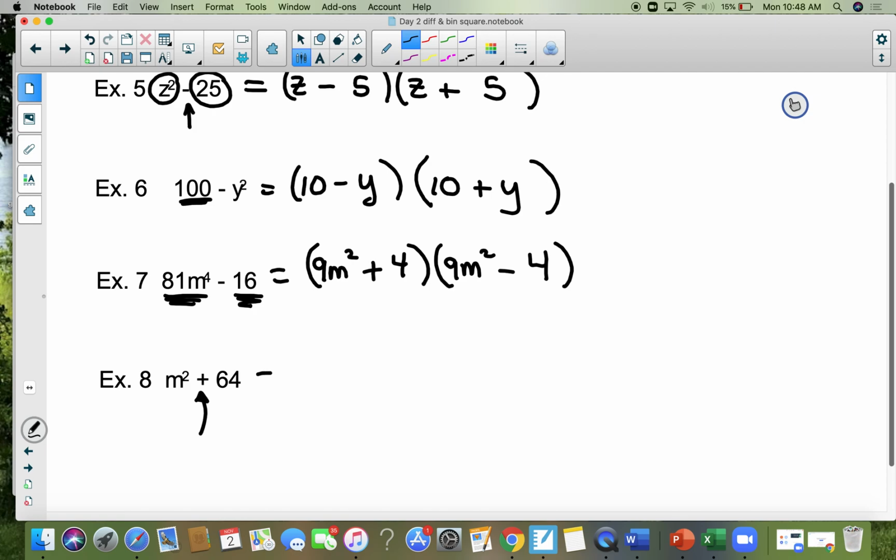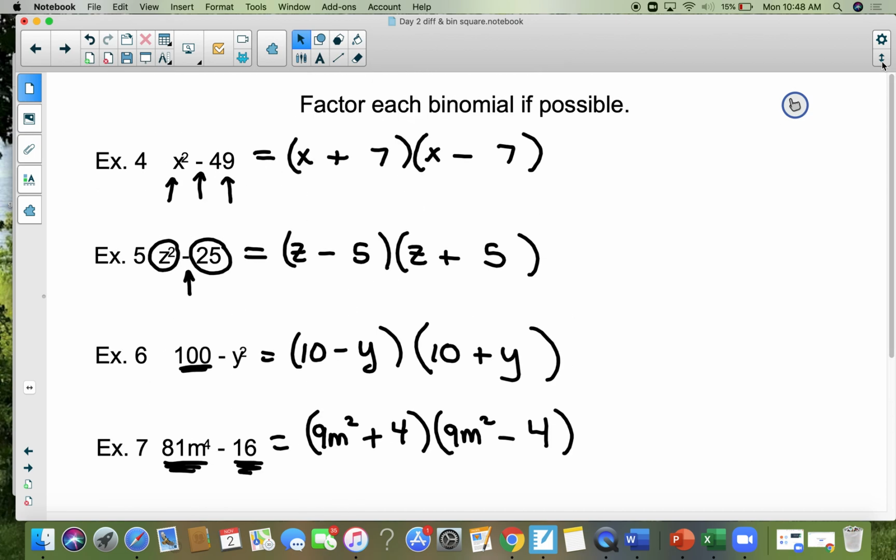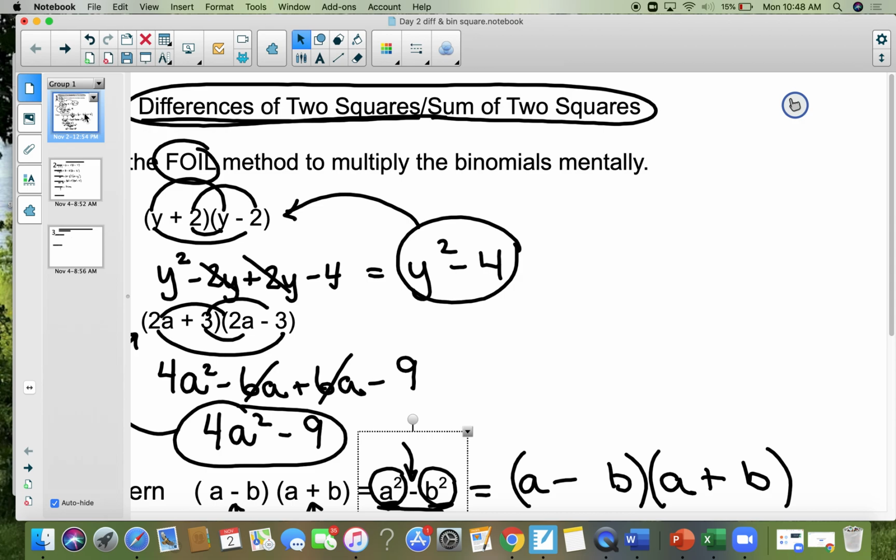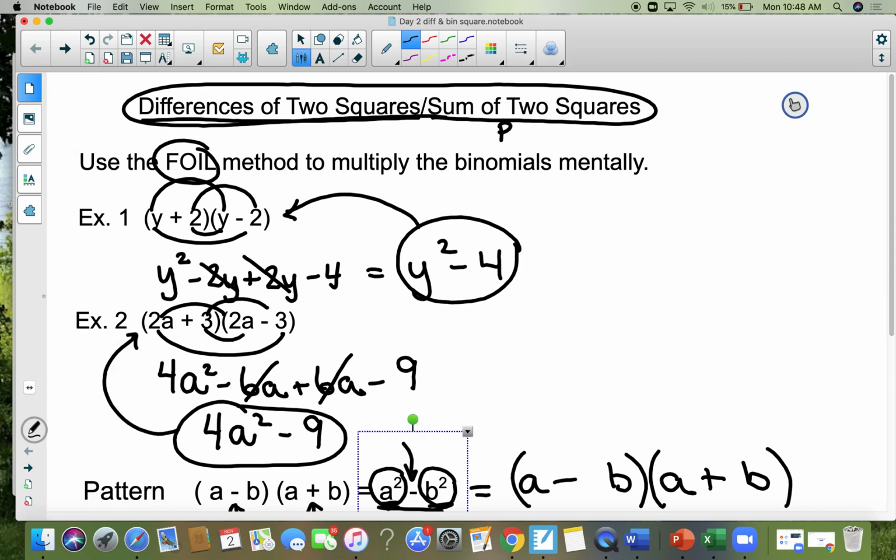Then you just have to write prime down. You cannot factor it, and I showed you why it cannot be factored. The sum of two squares cannot be factored. And maybe you want to go back to the first page. This is prime, the sum of two perfect squares.